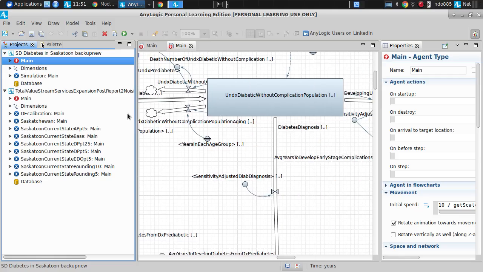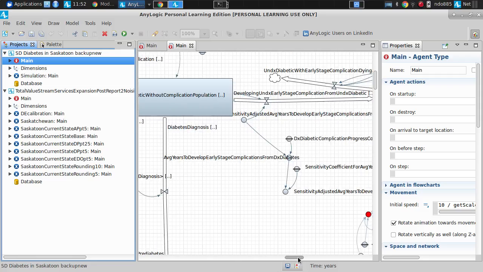Because there's a structure here. If they're pre-diabetic and they're undiagnosed, either they're going to get diagnosed as a pre-diabetic or they're going to flow over here. Their diabetes will worsen. And then they're more likely each year to get diagnosed. The symptoms will be more obvious, associated with their condition.